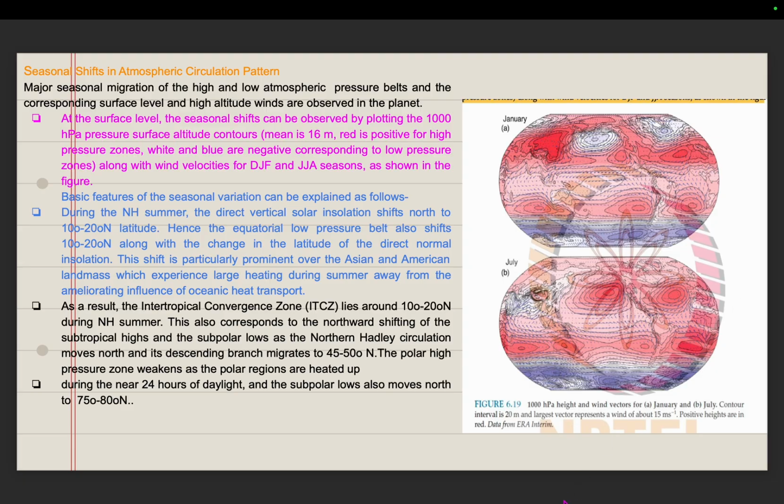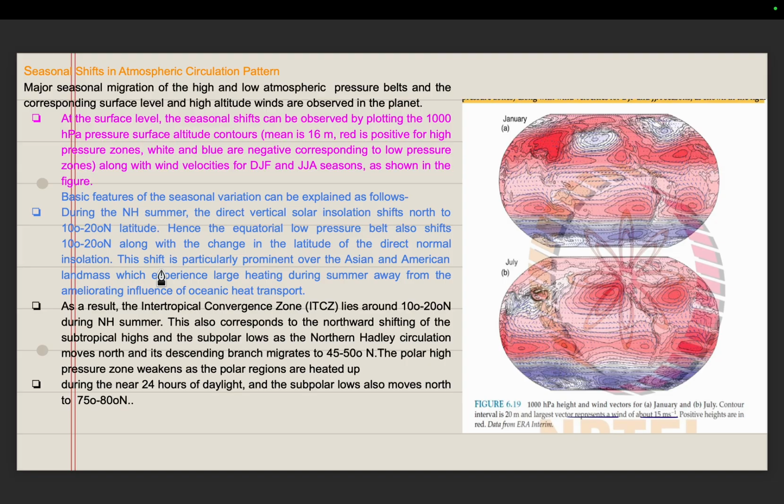Every contour interval is 20 meter, and the largest vector represents a wind of about 15 meter per second, given in the more reddish color. Positive heights are here in red, you can see.